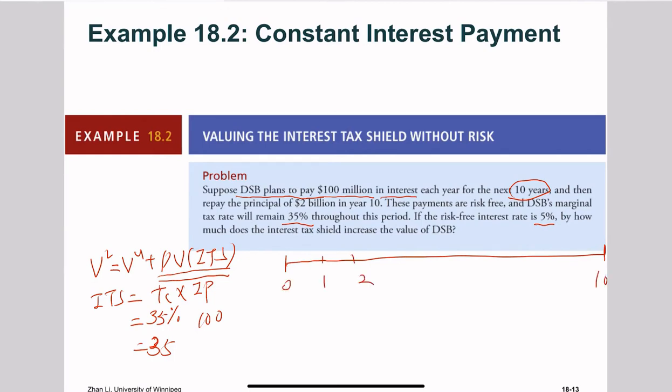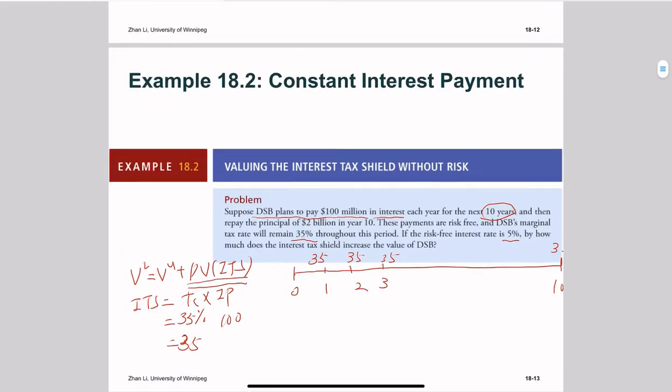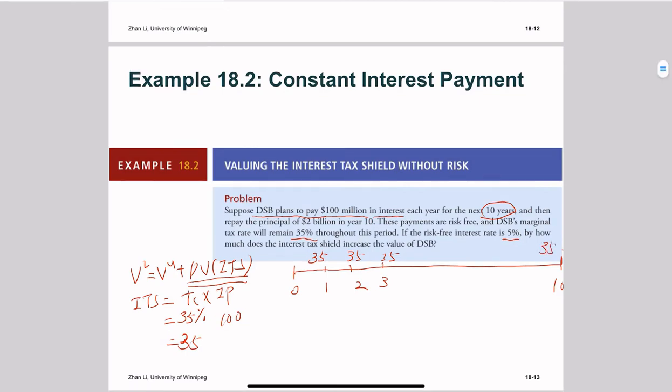Now, if you draw this out, it basically means for the next 10 years, every year, the firm will get this 35 million interest tax shield. And our task here is we want to value the present value of these 10 interest tax shields.